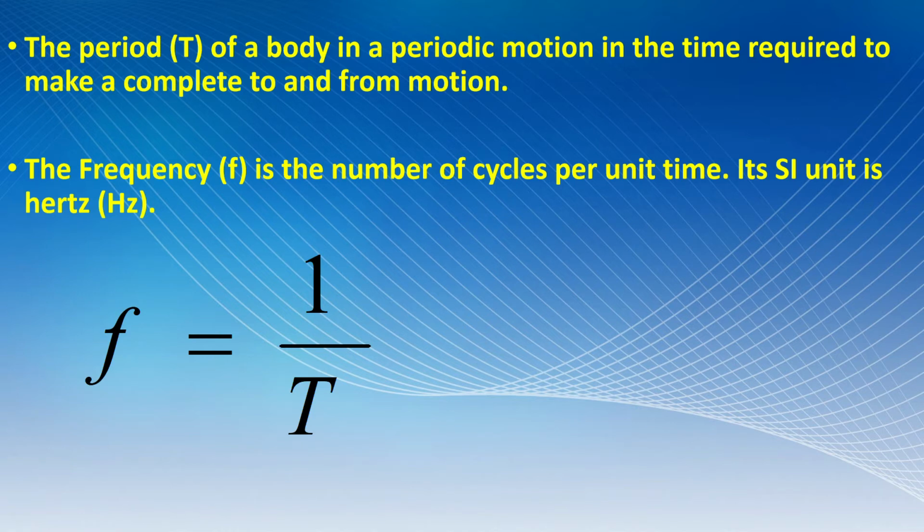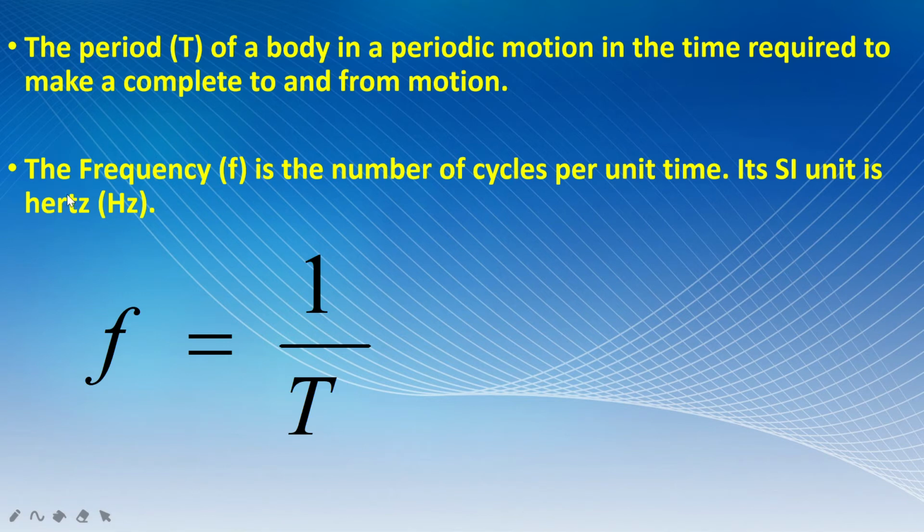The period of a body in periodic motion is the time required to make a complete to-and-fro motion. One complete to-and-fro motion is called a cycle. From A to C and back to position A is one cycle. Period is always expressed in seconds.